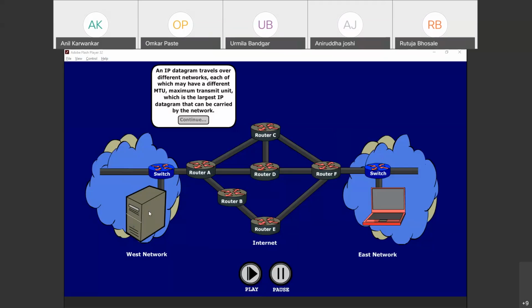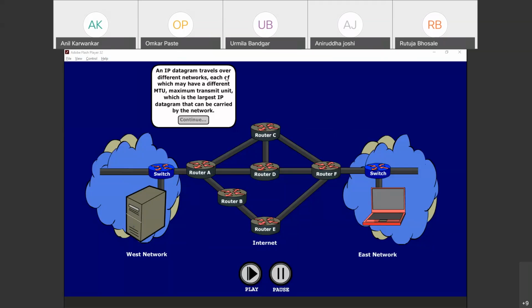The devices can be connected in any topology, and the in-between networking topology may be of different types. Whenever the devices or the communication media are of different types, the maximum transfer unit, or maximum transmit unit, is different. Just see this animation.